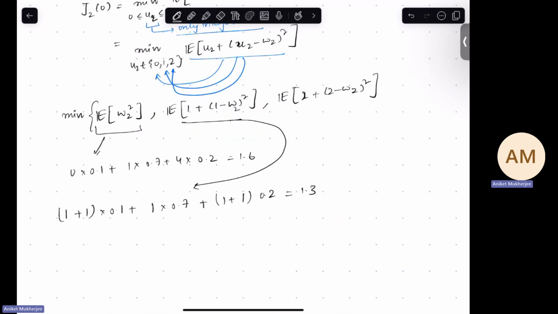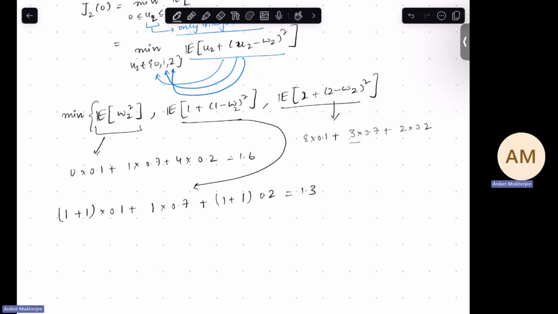Okay, and next we are calculating this value. This value would be (2 plus 4), 8 into 0.1 plus (2 plus 1), 3 into 0.7 plus (2 plus 2) into 0.2.